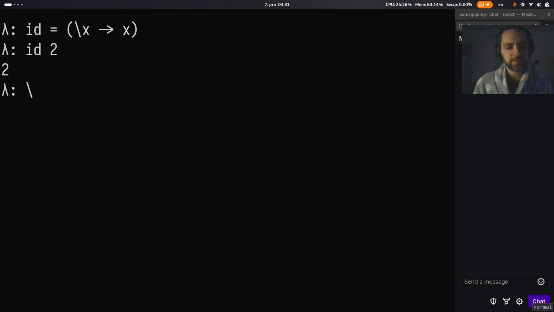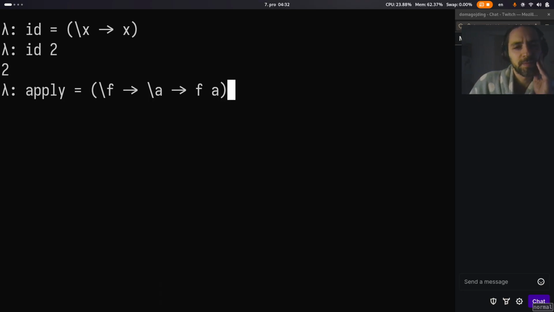So we got the apply, and what did we really have? Lambda A. No, what do we have? Look at this. We had lambda F, and lambda A, and then F A. So it was almost like a step up from the self-apply, right?